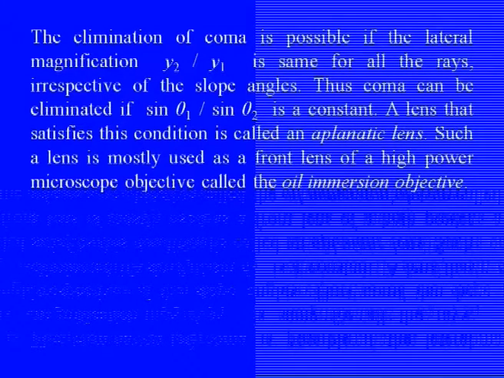Such a lens is mostly used as a front lens of a high power microscope objective called the oil immersion objective. You see, the oil chosen is naturally such that it has the same refractive index as that of the lens. The oil is placed on the microscope slide which is being observed, and then the lens is lowered into contact with the oil film.